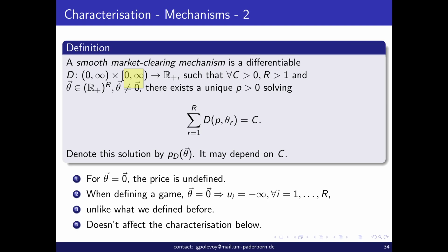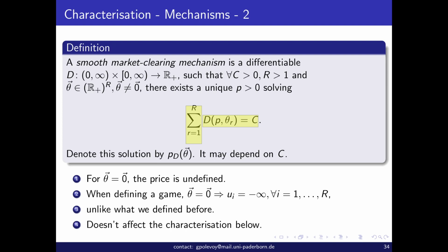And in the case of what we have, it's basically the bid divided by the price. That's D. And also there is this unique price which makes it so that all the users get exactly the resource C. That's also what we have seen.